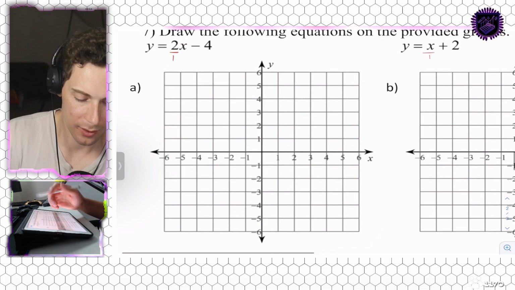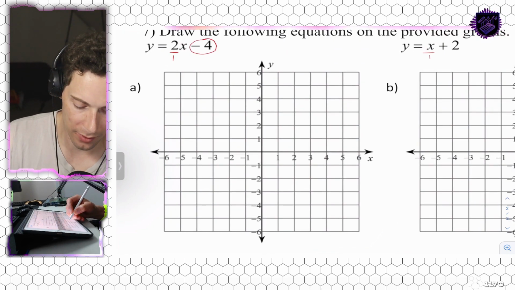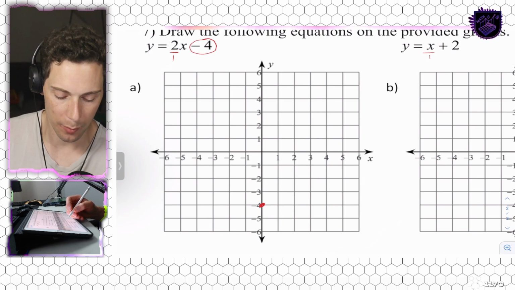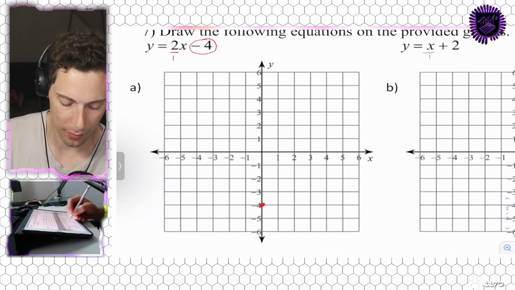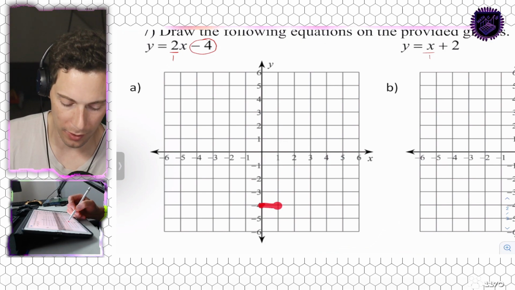Our y-intercept, negative 4. So this is going to be one of the points on the line. And then for every 1 over, it's going to move 2 up. So we'll go 1 over and 2 up.